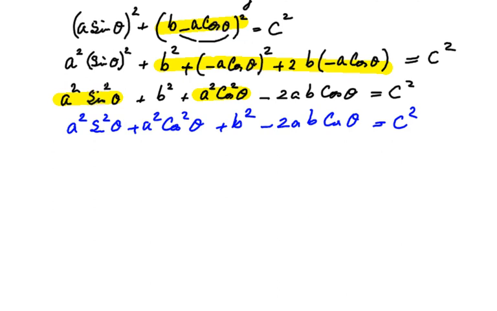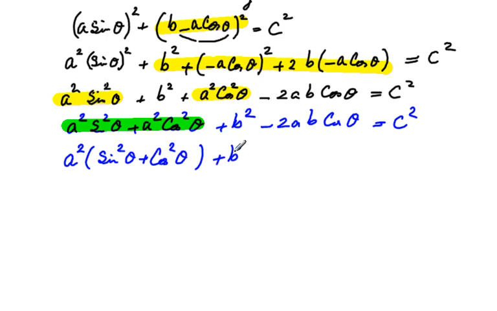Now, what am I going to do to these two? What was the purpose of this? I can factor a squared out of it. Is that right? A squared times sine squared of theta plus cosine squared of theta. I have b squared minus 2ab cosine theta. So what is this parenthesis?